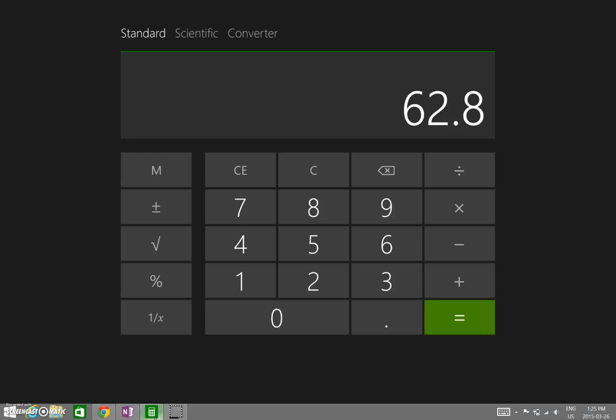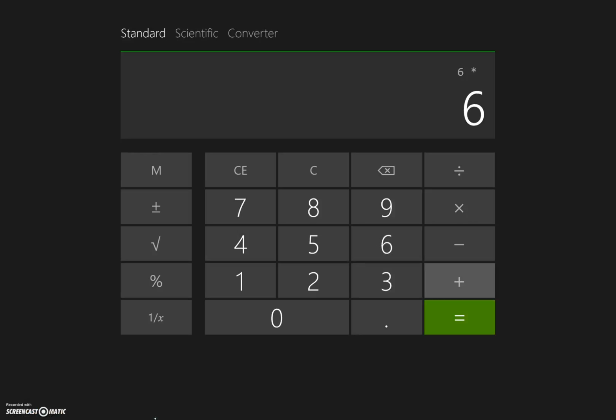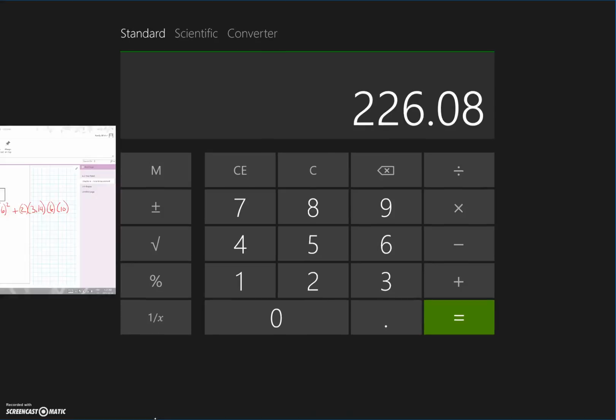So 6 times 6 is 36, times pi, which is 3.14. So the area of the lid is 113.04. And times that by 2, so the area of the lid and the bottom together is 226.08.